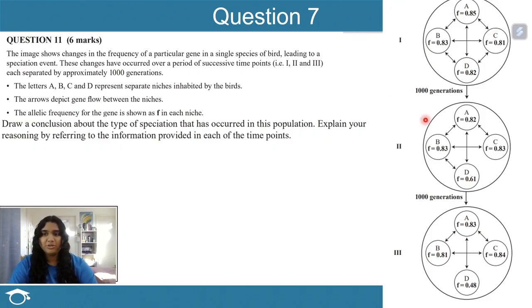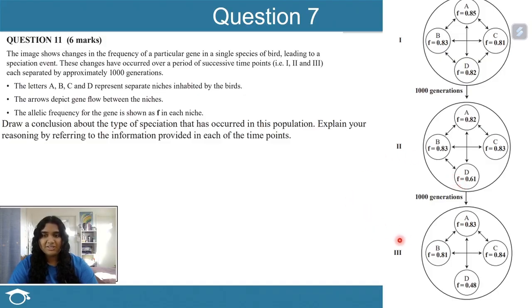Then at time point 2, we see that gene flow between C and D has completely stopped. So they are no longer interacting with genes, and the allele frequencies for A, B, and C remain basically the same, but D is starting to decrease from 0.82 to 0.61.